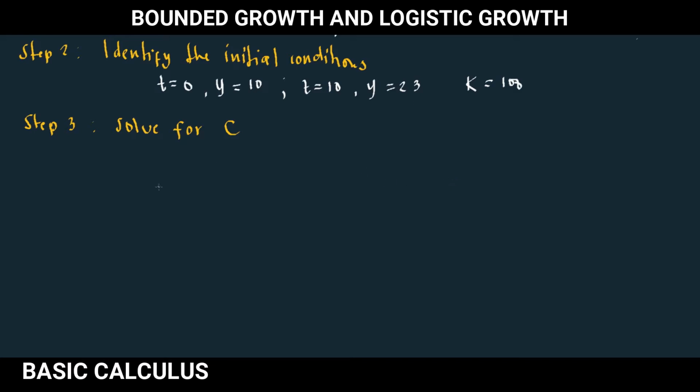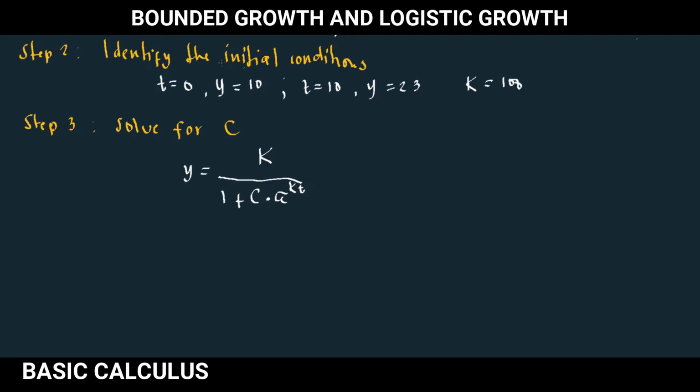We know that the logistic growth equation is y is equal to K, the carrying capacity, all over 1 plus C times a raised to K times t. That is the formula for the logistic growth.